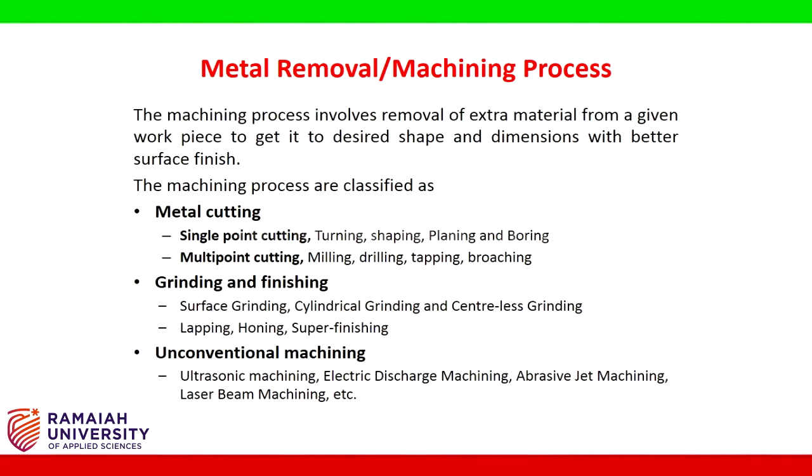Multi-point cutting tool used in milling, drilling, tapping, broaching operations. Grinding and finishing: surface grinding, cylindrical grinding and centerless grinding. Lapping, honing, super finishing. Unconventional machining: ultrasonic machining, electric discharge machining, abrasive jet machining, laser beam machining, and etc.